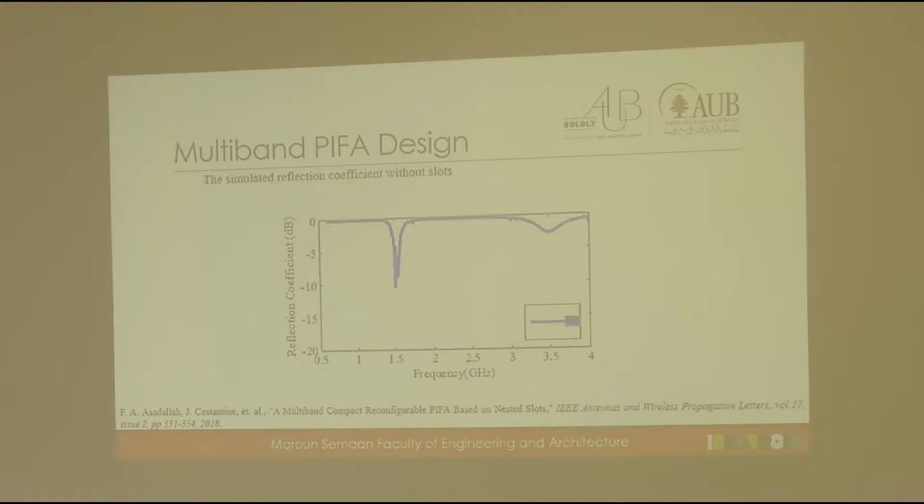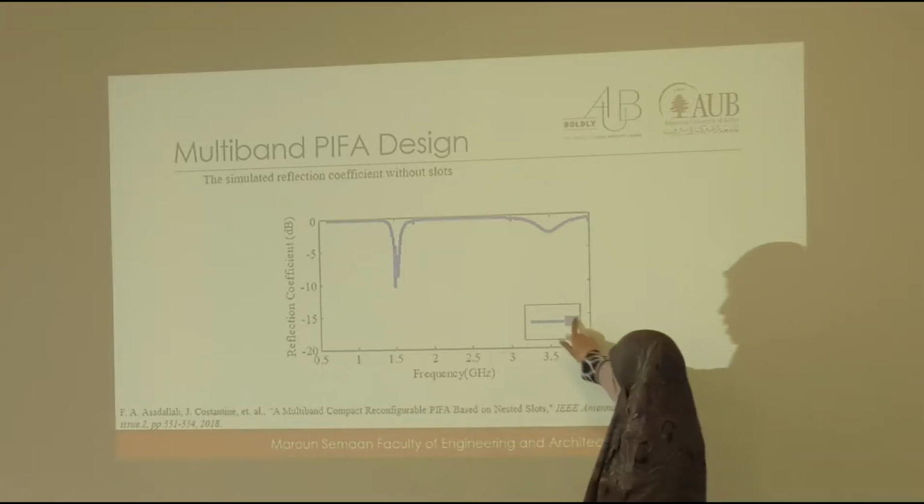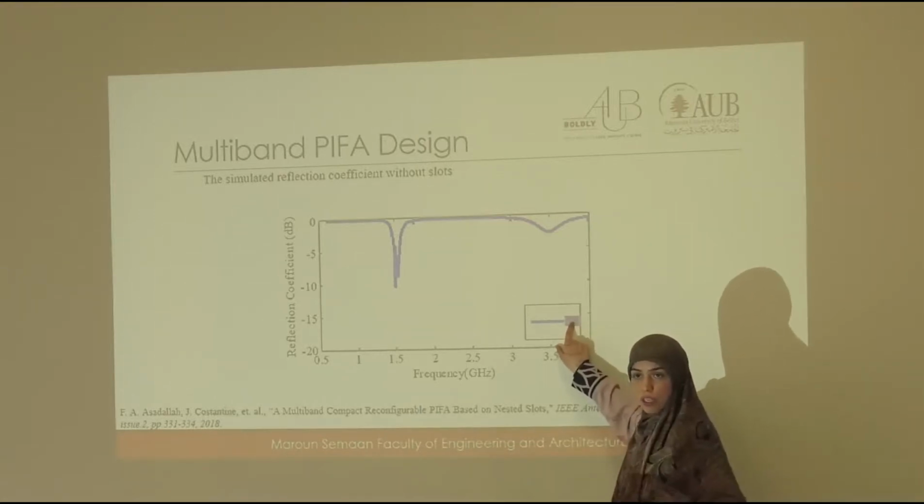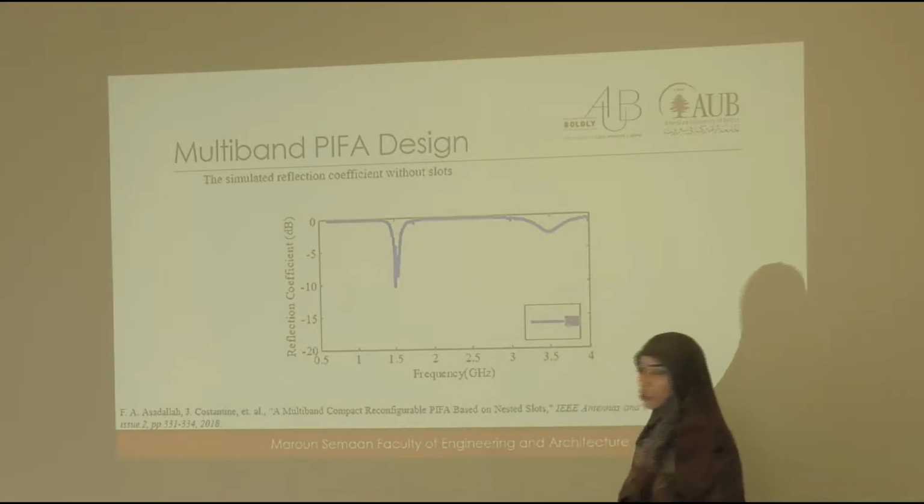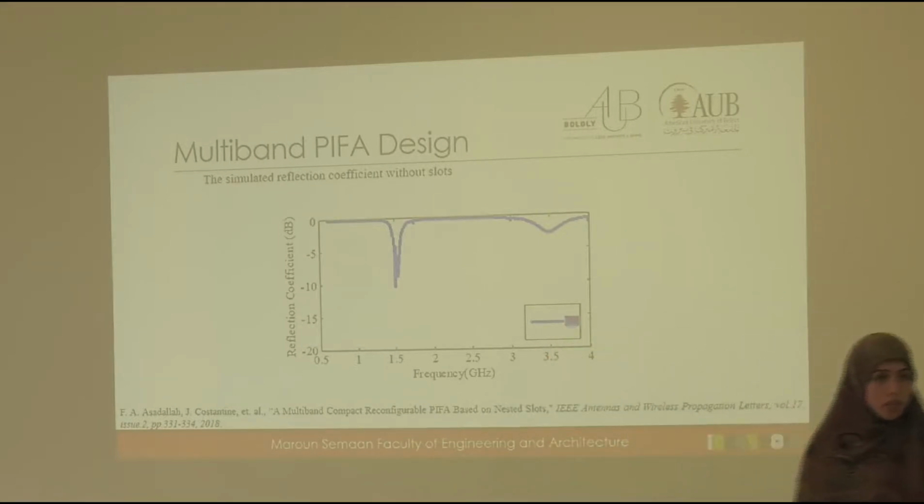This antenna was based on 1.54 gigahertz, and here we have the reflection coefficient plot. For a mobile phone, when the reflection coefficient is less than minus 6 dB, we have operation of the antenna at this frequency. So here we started with just the PIFA antenna with no slots, operational at 1.54 gigahertz.